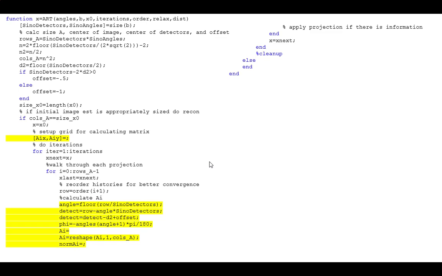Now, the detector we want is an absolute number from 0 up to whatever. We now want to center it, so we subtract D2. Now it's going from minus D2 to D2, and we have an offset. Because remember, we were adding that little bit of wobble so it doesn't add up and you get strongly enhanced circles.